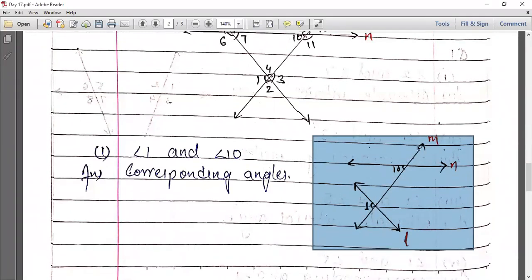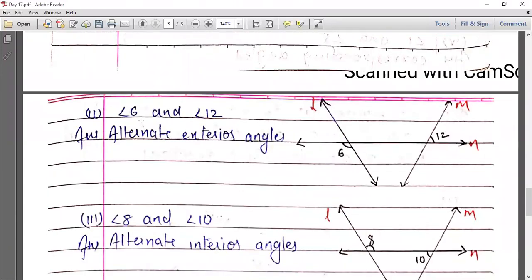Here, M is the transversal and both angle 1 and angle 10 are lying on the same side of the transversal, both below the pair of lines L and N. Hence, these are corresponding angles. Angle 6 and angle 12: I have taken a part of the main figure.